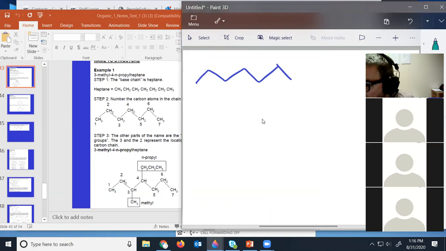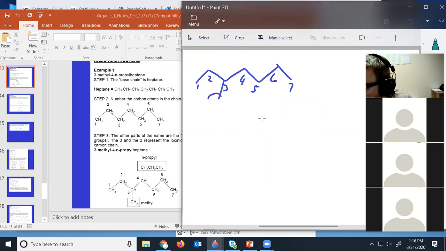Now N-propyl, let's see. So this is 1, 2, 3, 4, 5, 6, 7. The methyl group is off the 3rd one. So that's going to look like just a line there, and the methyl group is right here where I'm circling. That's the CH3. And then off the 4th carbon, I've got the N-propyl group, which looks like this.